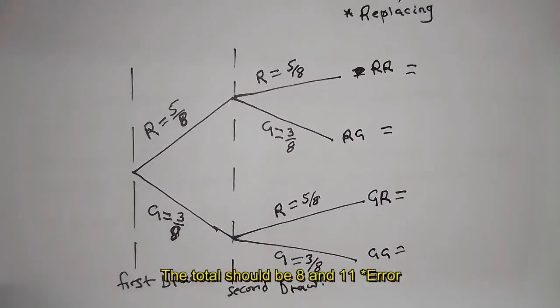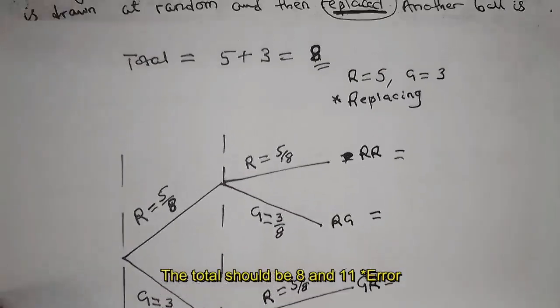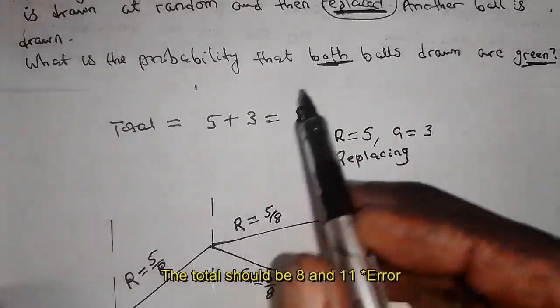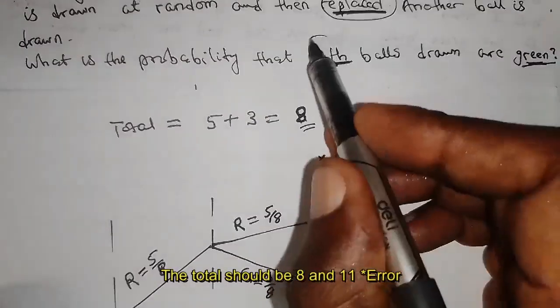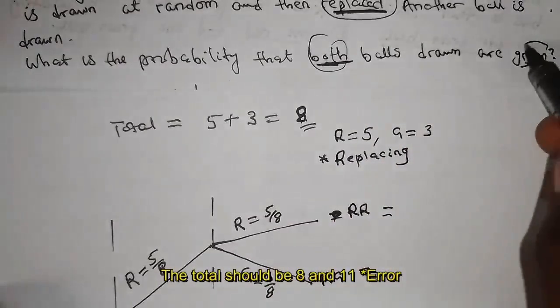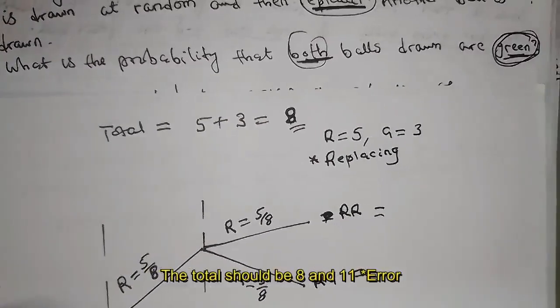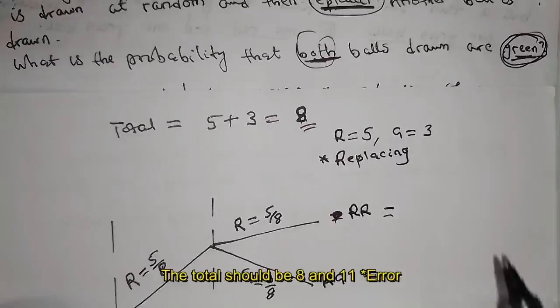Now, if you go back to the question, it's saying what is the probability that both balls are green? So we are looking for the probability of green, green.